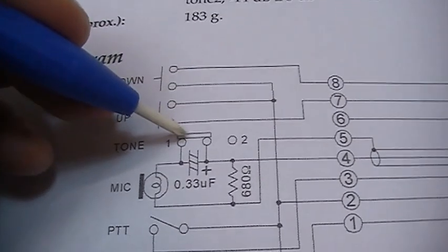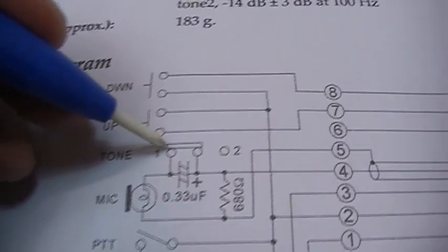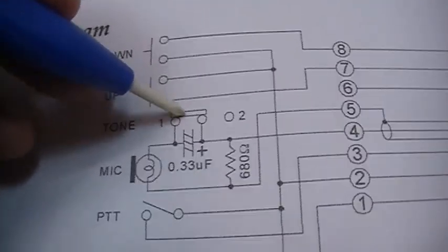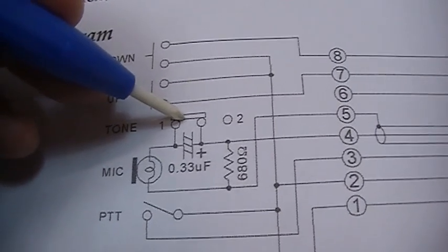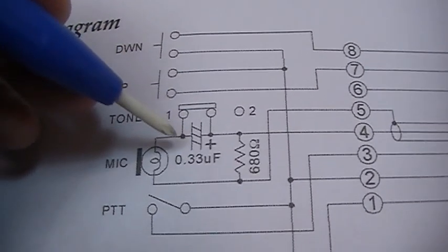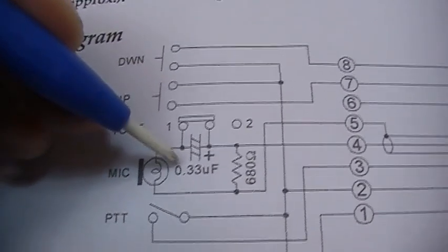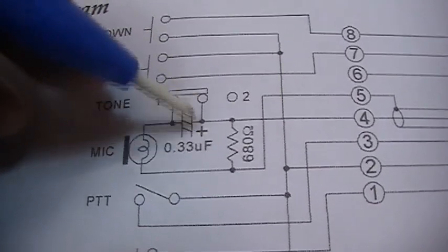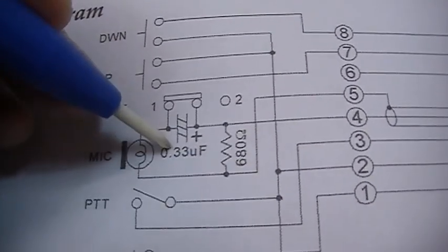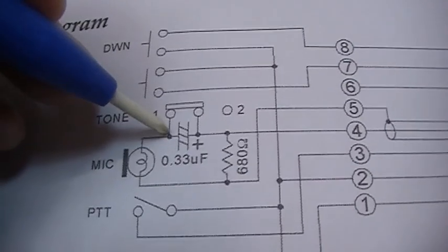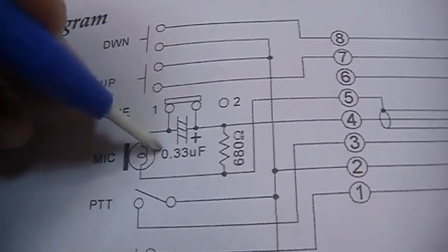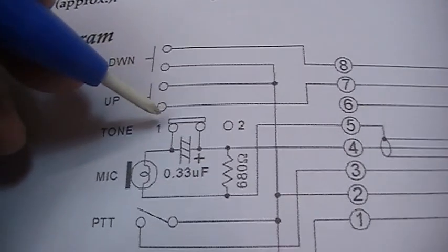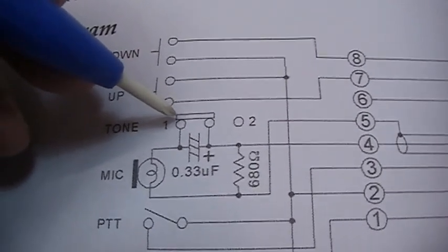So we need to put a second capacitor in here. But that is, by the way, a good idea as well, because this 0.33 microfarad can stay inside, and over the switch we put a smaller one.